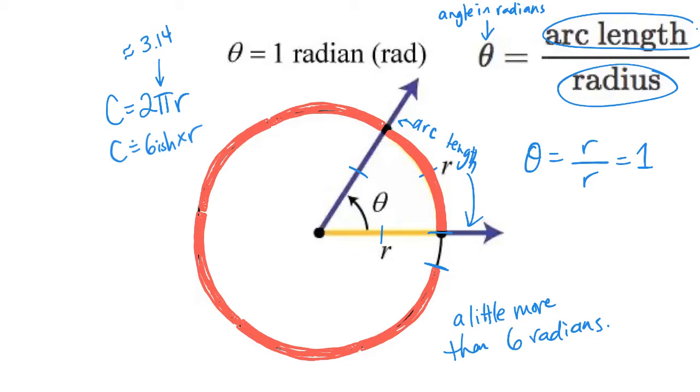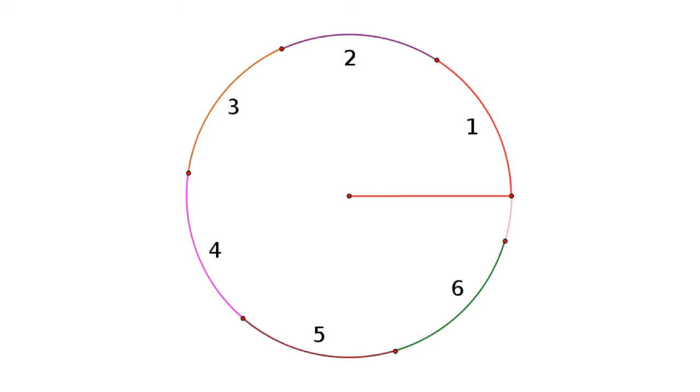And that's exactly what we just saw, because that's what each of these was, right? That's what we were just looking at. That this is 1 radius, 2 radii, 3 radii, 4 radii, 5 radii, 6 radii. So we can see that there are a little bit more than 6 that fit all the way around the circle.